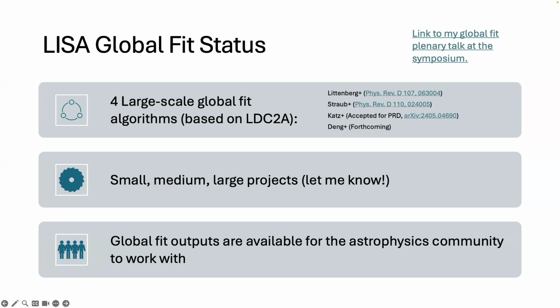There are lots of small, medium, and large projects to do around the global fit, and I can't emphasize that enough. If you're looking for projects, if you're working with undergrad students or anything, there are a variety of projects that range in complexity and difficulty, but there really are just a lot of things that we need to do, even checks that we need to do in order to be confident about the algorithm that we're building.